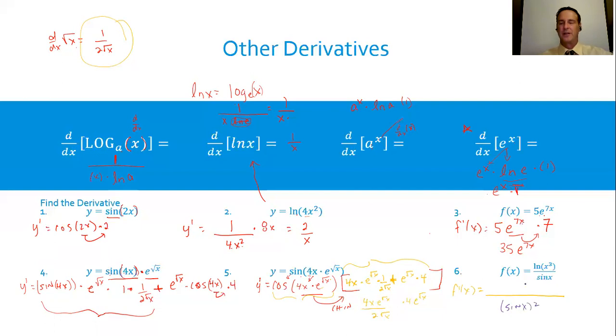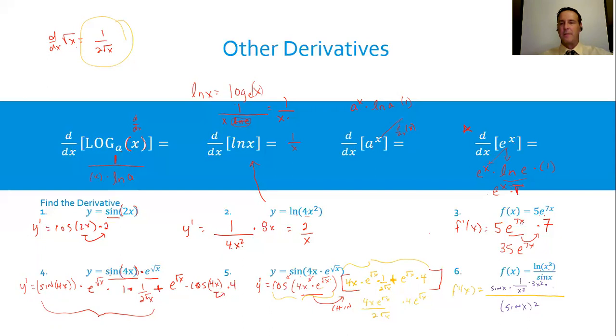So low times the derivative of the high. The derivative of the high is 1 over this item times the derivative of this. The derivative of x cubed is 3x squared. Now this x squared would cancel with some of those x cubes down there. So keep that in mind. We'll worry about that in a second.